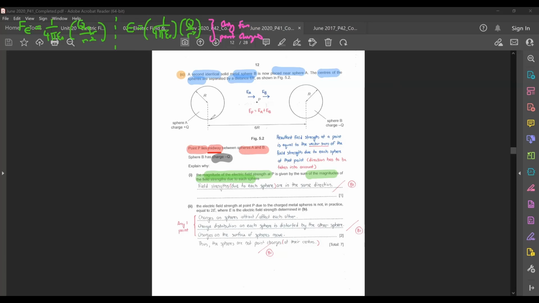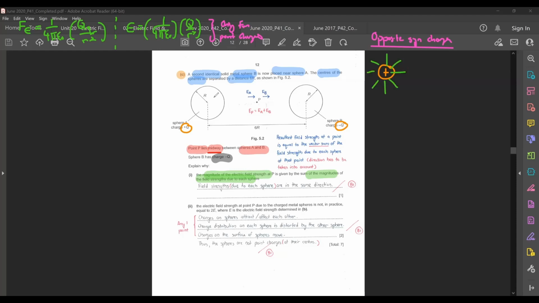Now if you're talking about your charge A and charge B, sphere A is positive, sphere B is negative. So if you're talking about opposite sign charges, like this one here, you're having a positive charge here with its own electric field like this.